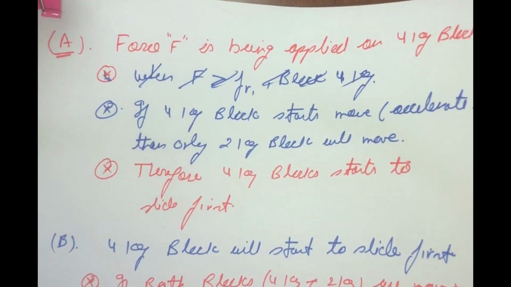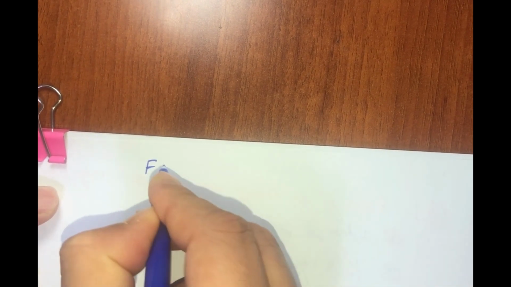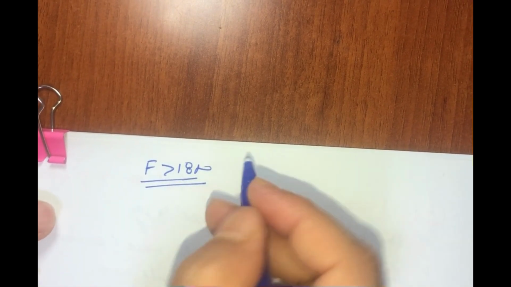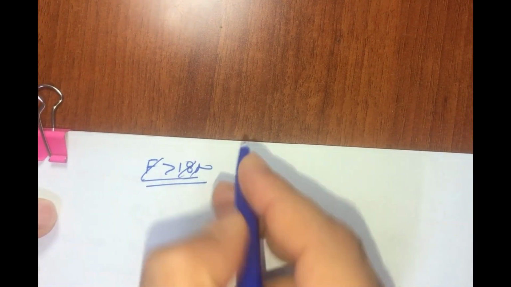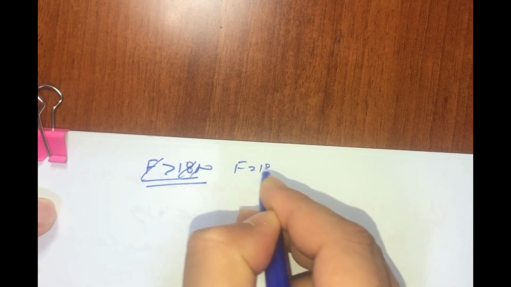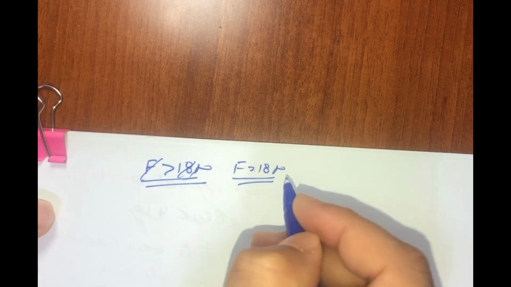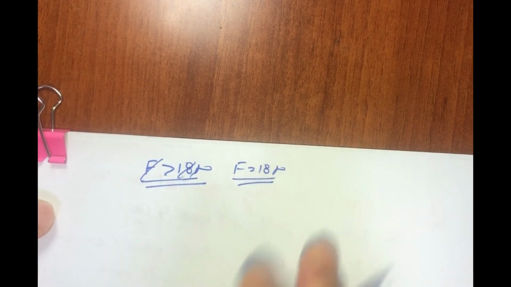So from here we can draw an important conclusion. Let me write it here, F is equal to 18 Newton. This is the value of the force on the entire system.